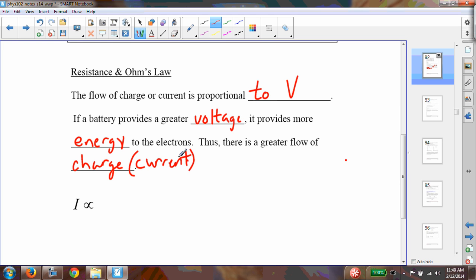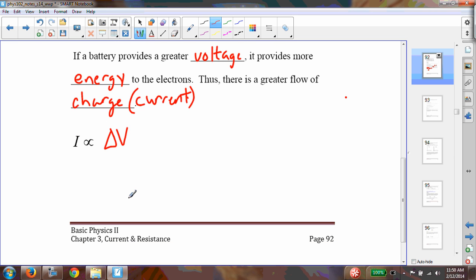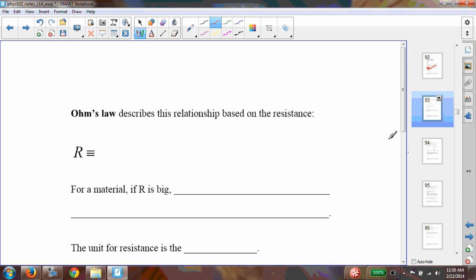So our current then is proportional, let's write this mathematically, to our potential. And Ohm's law describes this relationship based on the resistance. And it defines the resistance as being the change in potential over the current. Right?